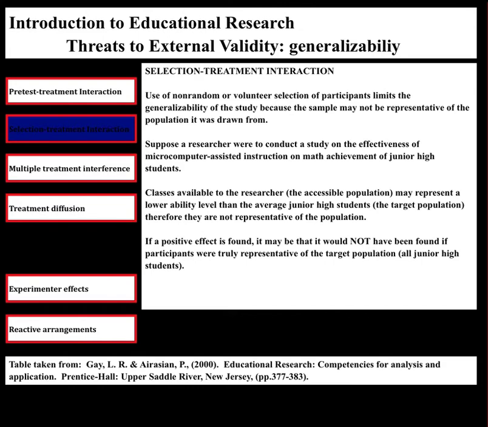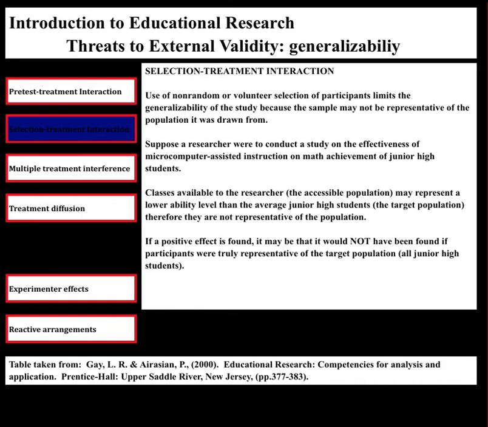Use of non-random or volunteer selection of participants limits generalizability of the study because the sample may not be representative of the population it was drawn from. Suppose a researcher were to conduct a study on the effectiveness of microcomputer-assisted instruction on math achievement of junior high students.